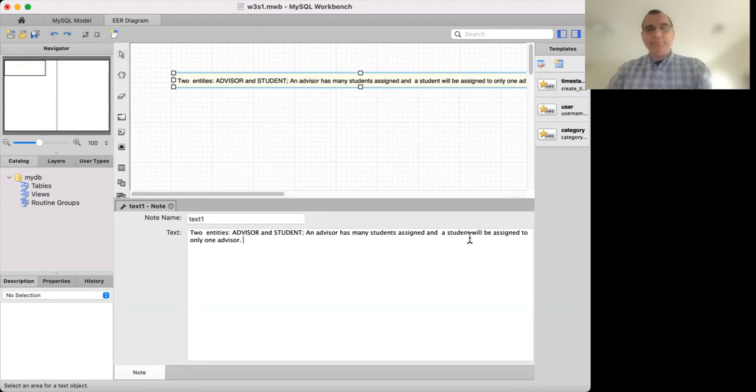And now to make it even clearer, I will say a student may not have an advisor assigned when enrolling to the school, college, or whatever we want to put here.